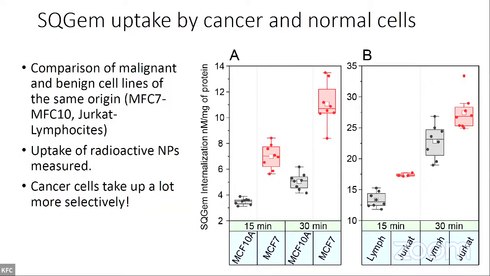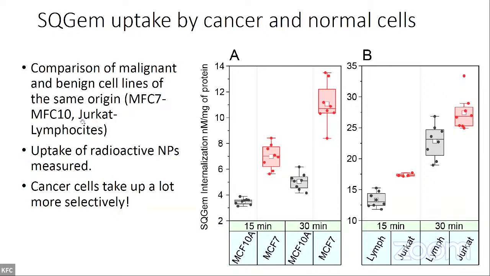So we compare cell lines from the same origin. We compare MCF7, which is breast cancer, with MCF10, which is a non-cancerous immortalized cell line also from breast cells. If we work with Jurkat cells, which are cancerous lymphocytes, we compare with donor lymphocytes.